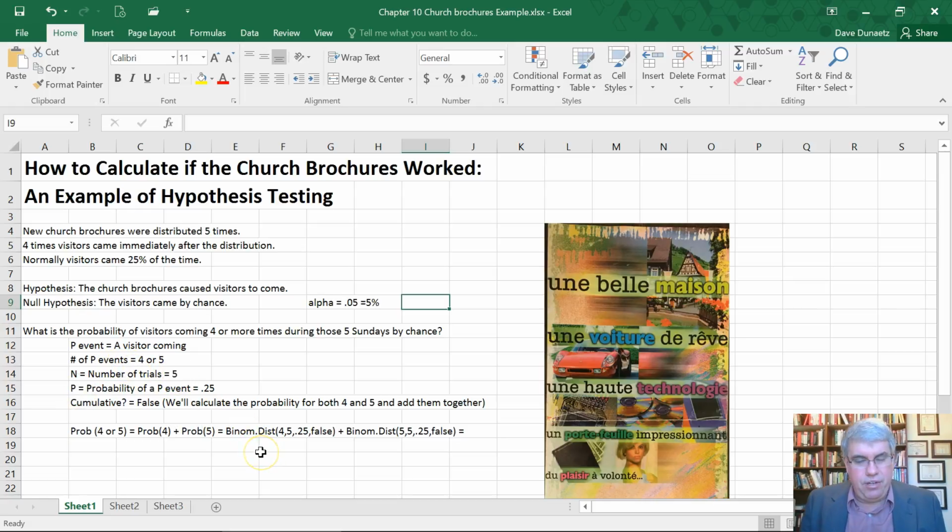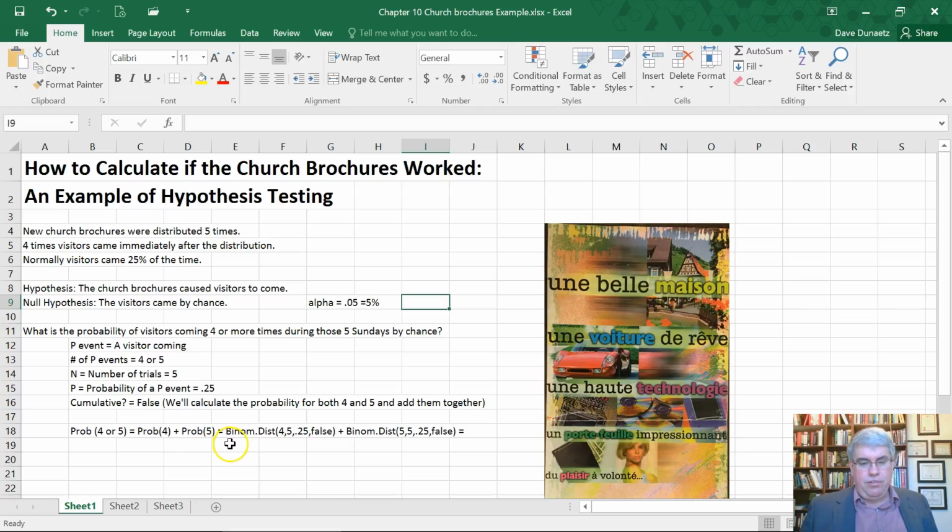We're going to add together the two numbers like we did in the alternate form of one of those previous problems. So the probability of visitors coming on 4 or 5 Sundays by chance is going to be the probability of visitors coming on 4 Sundays by chance, plus the probability of visitors coming on all 5 Sundays by chance.